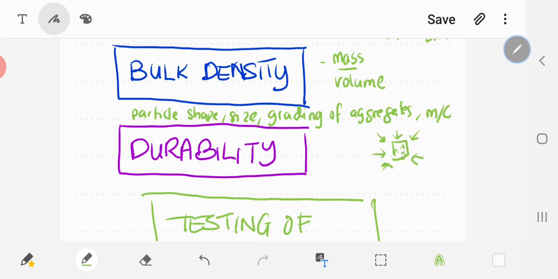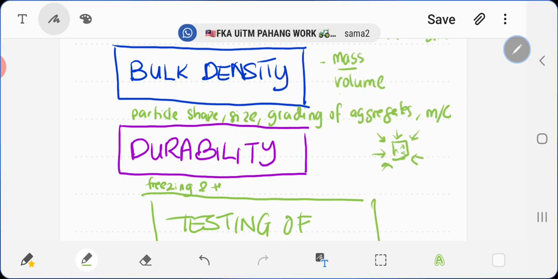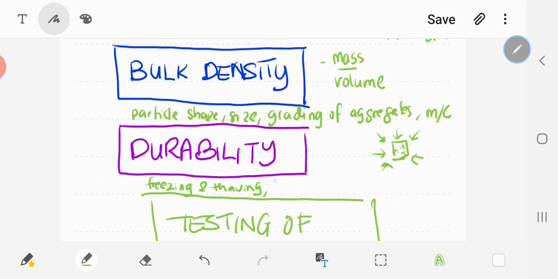The soundness of aggregates is the ability to resist excessive changes in volume due to change in environment condition such as freezing and thawing. Okay, this is from external attack. And then alternating wetting and drying.